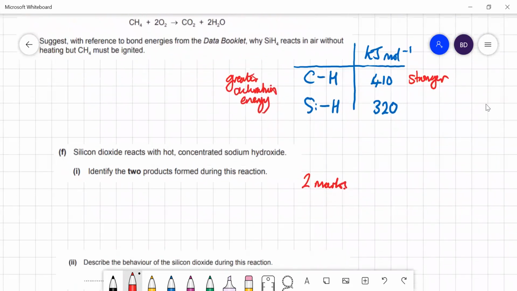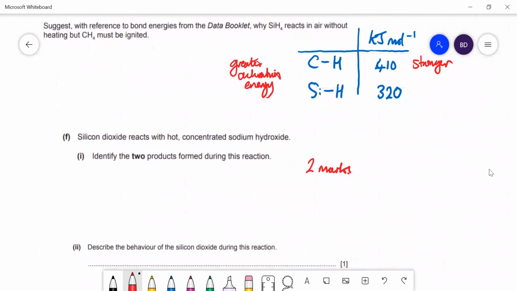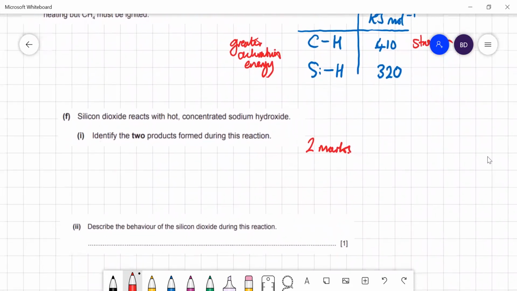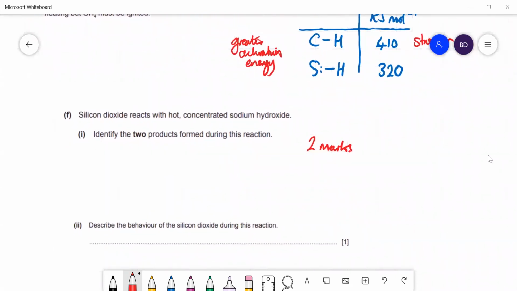Silicon dioxide reacts with hot concentrated sodium hydroxide. This is something you just need to know: the acid-base behavior of your period 3 oxides. It's actually an acid-base reaction.